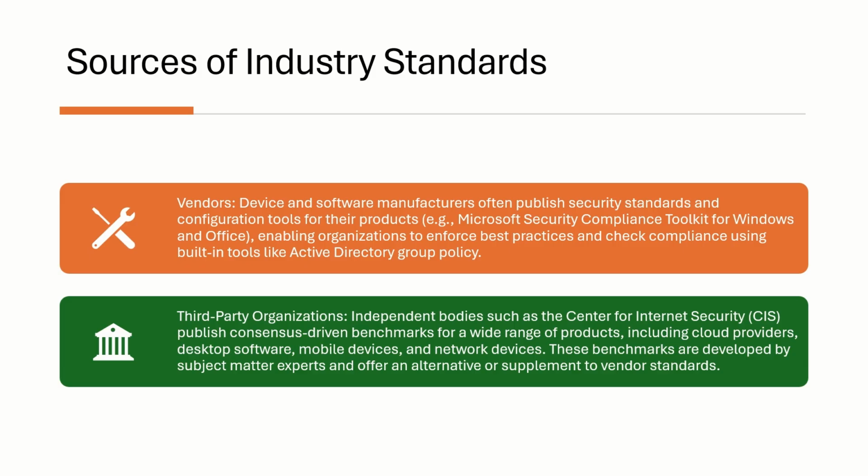Besides vendors, you also have third-party organizations like the Center for Internet Security. What such an organization will do is develop a benchmark, and this benchmark is developed by experts in the domain, and usually covers a range of products.